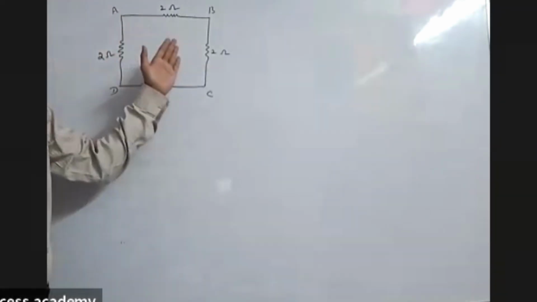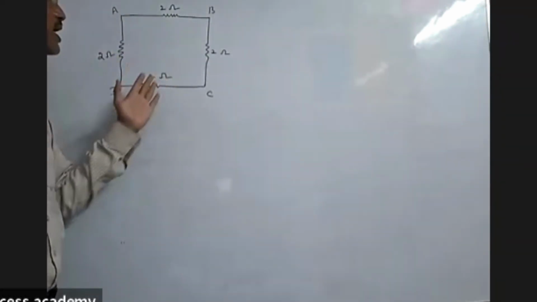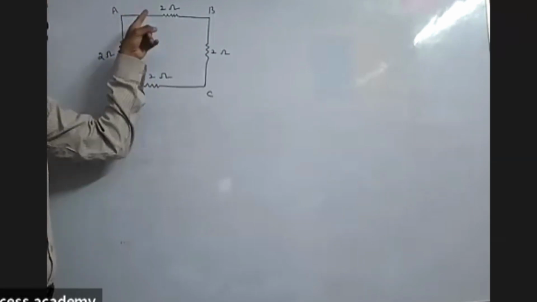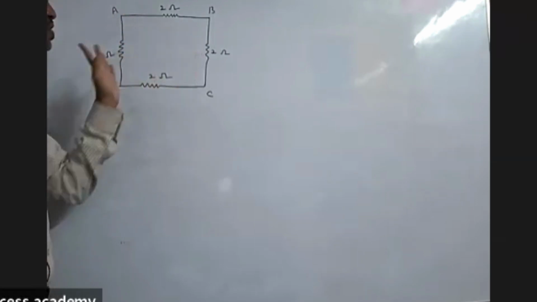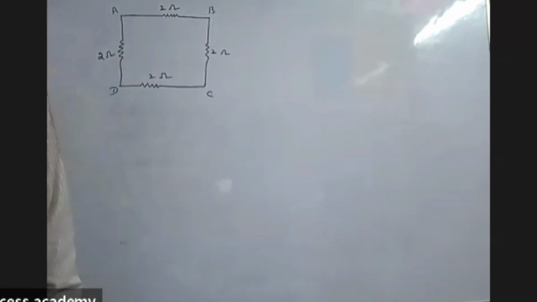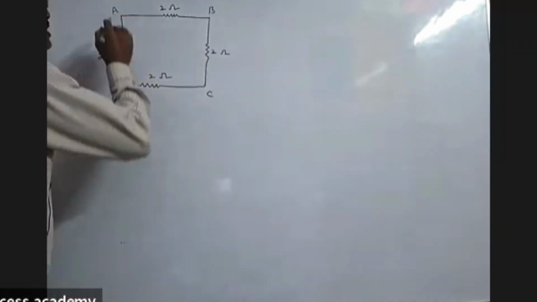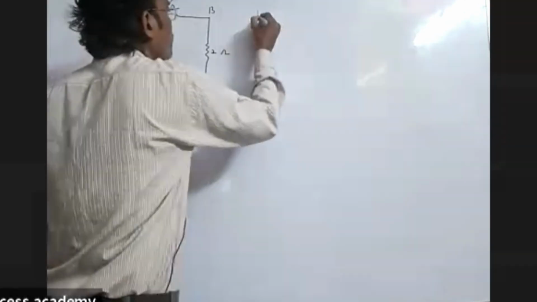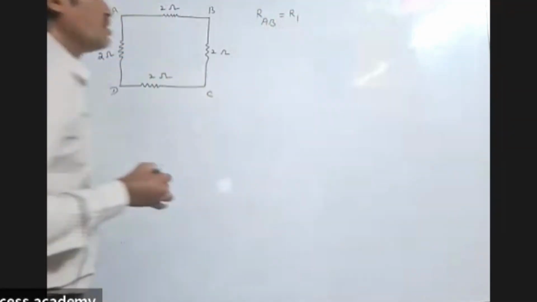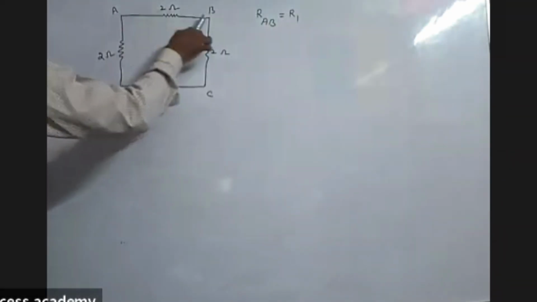Four identical resistors are represented as shown in the diagram. Each resistance has a value of 2 ohm. Now the question is, the equivalent resistance between the points A and B is R1. So RAB in the problem is mentioned as R1.